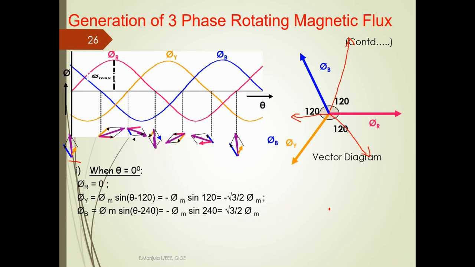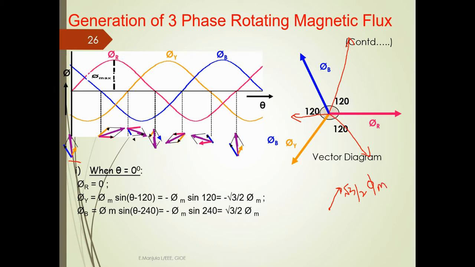So where is phi y? Phi y is in this direction, so in the same negative direction we have to take it. This is due to the minus direction, and the magnitude is root 3 by 2 phi maximum.